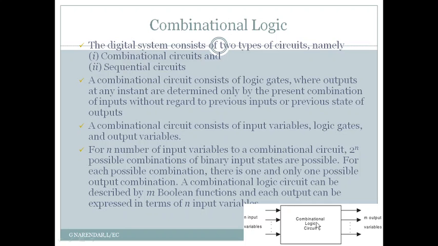So this is the general block diagram, and here you can see n input variables and m output variables, where each output variable is described by a Boolean function in terms of n number of input variables. For n input variables, there will be 2 power n possible combinations of inputs, and for each combination there is only one possible output combination.